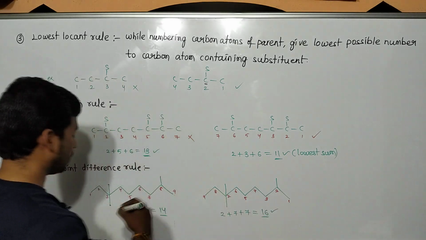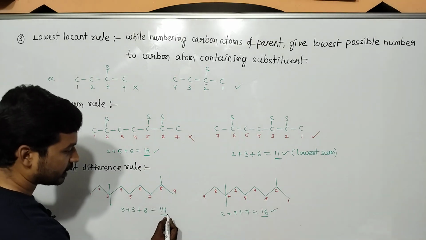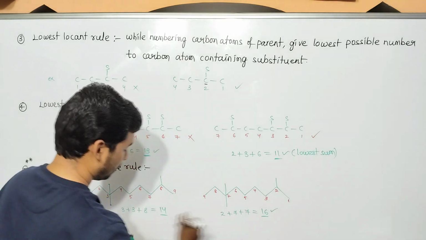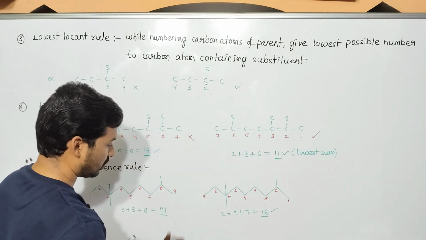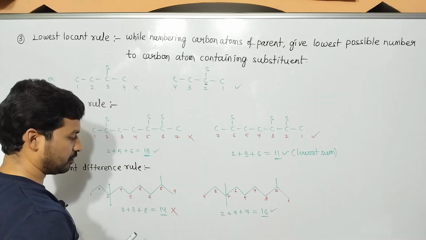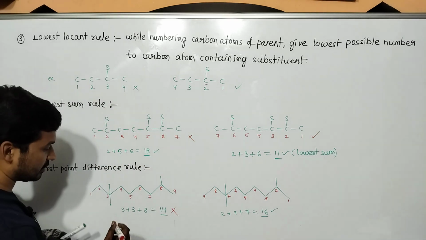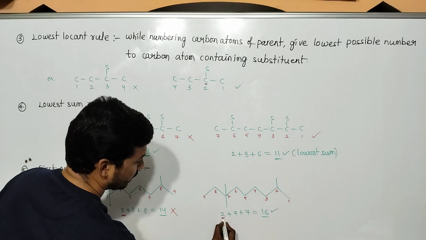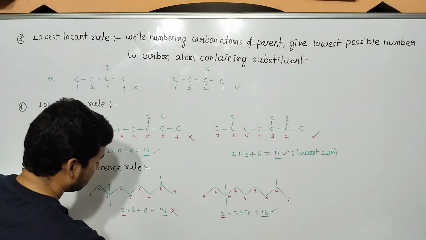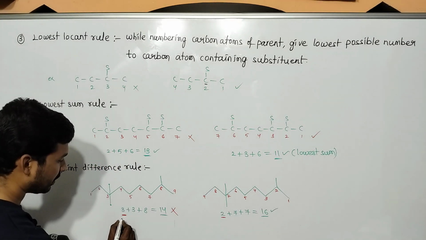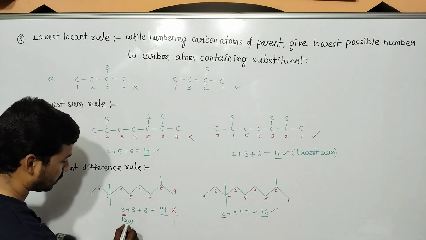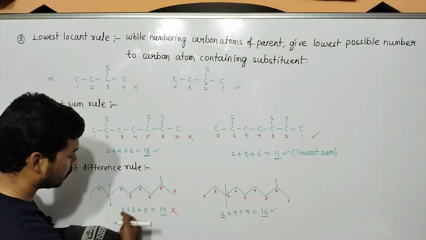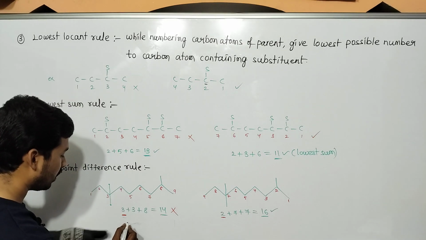Even though this one has the lowest sum, the other method will be correct. This is wrong, because your first point, see the first point, don't think about the sum. So what is the first point? Comparing 2 and 3, 3 is the higher value.